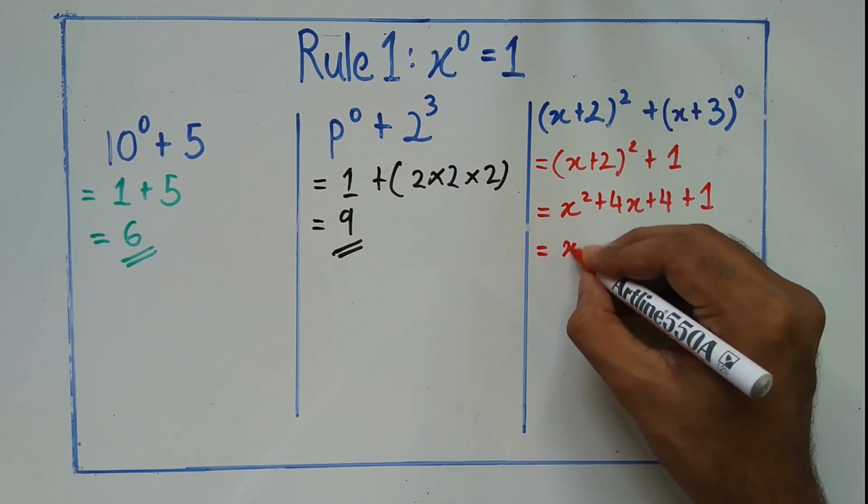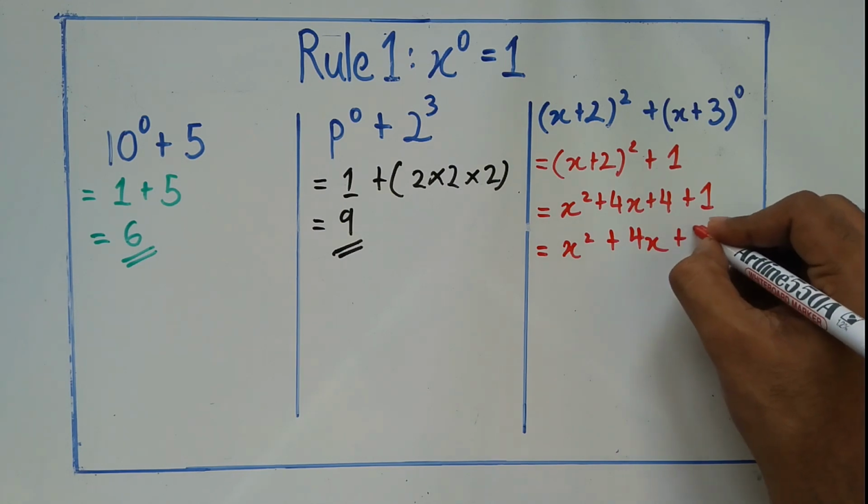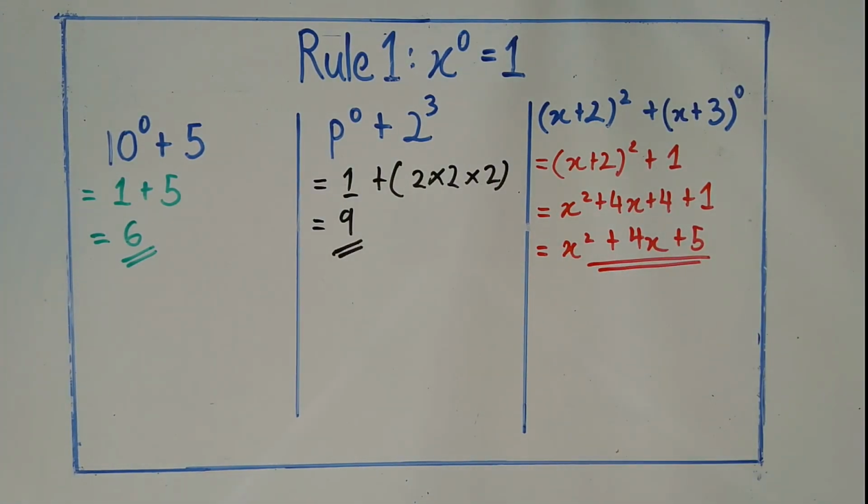We get x squared plus 4x plus 5. This rule states that whenever a base has a power of 0, you just equate it to 1.